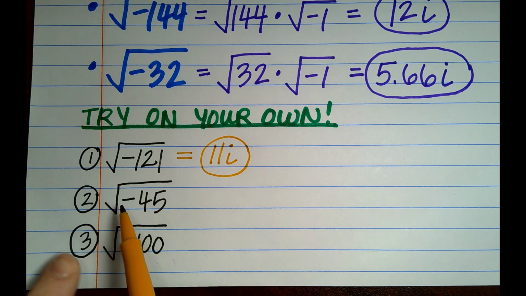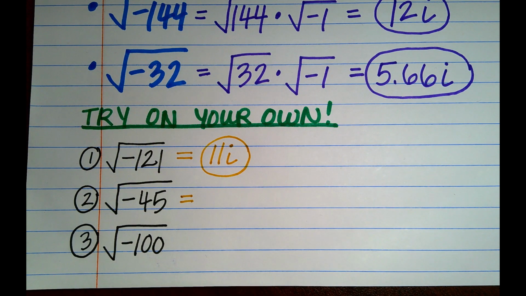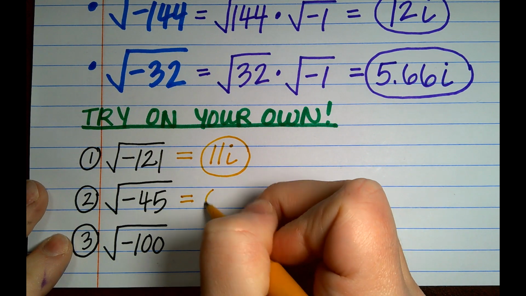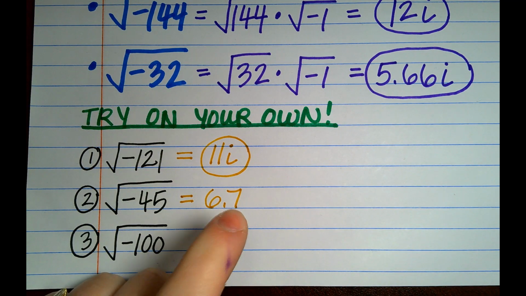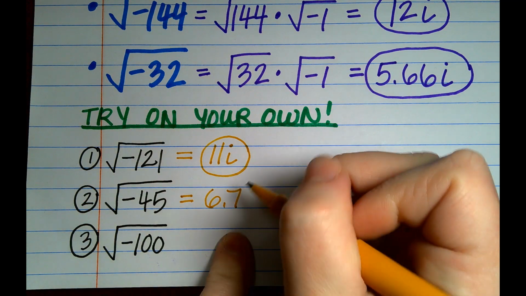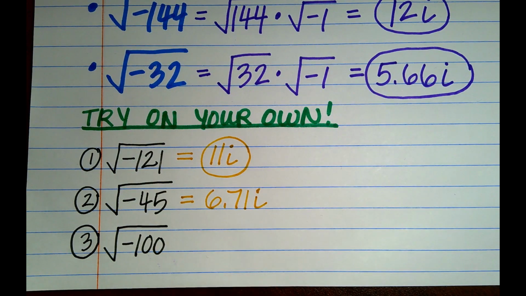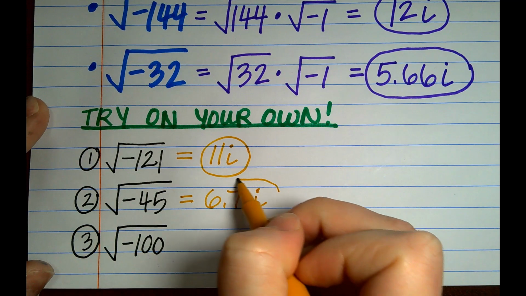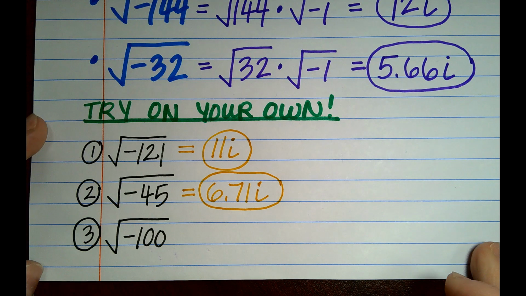Okay. Number 2, the square root of negative 45. What answers did y'all get? 6.7. You either have 6.7, 6.70, 6.71. Those answers are all fine. All right, 6.71i. Perfect.